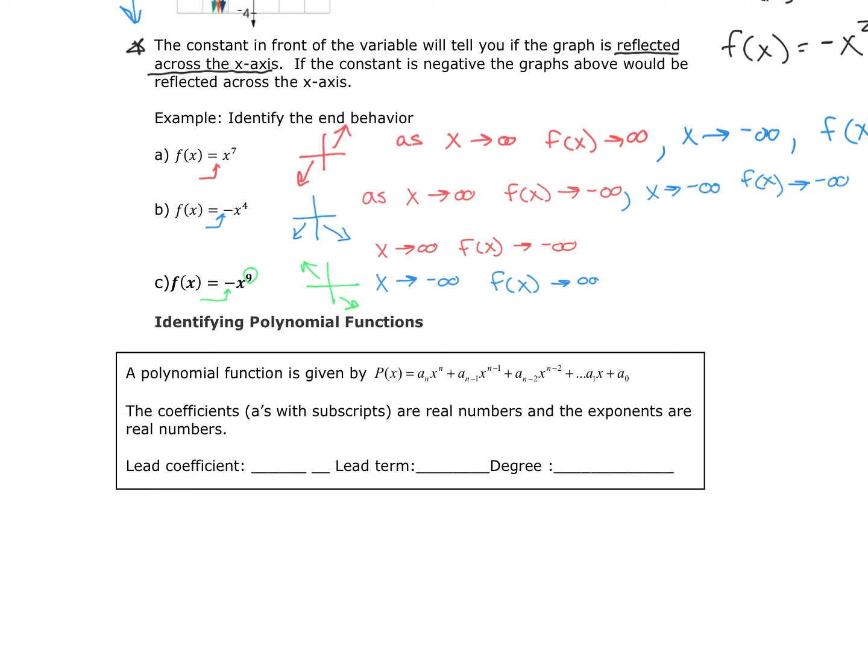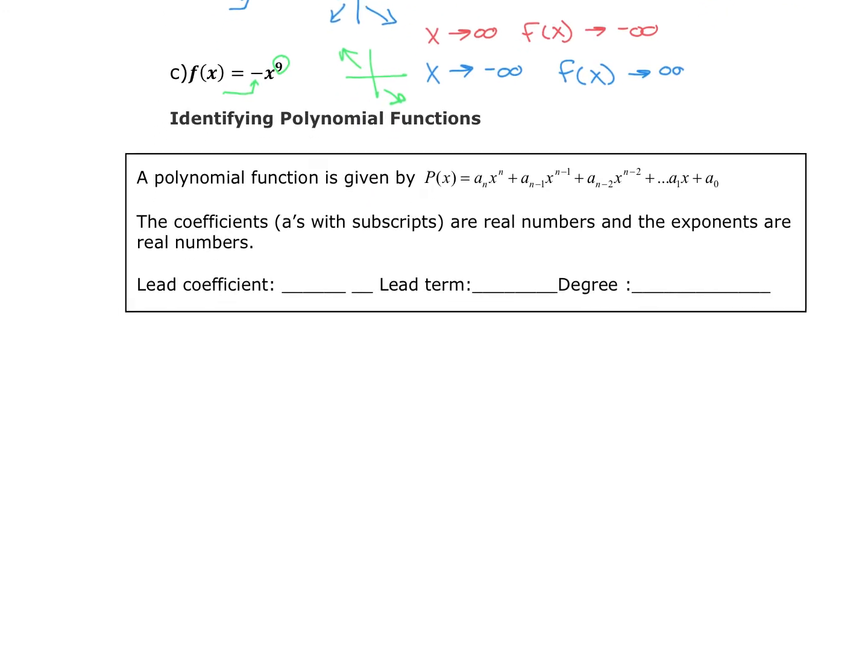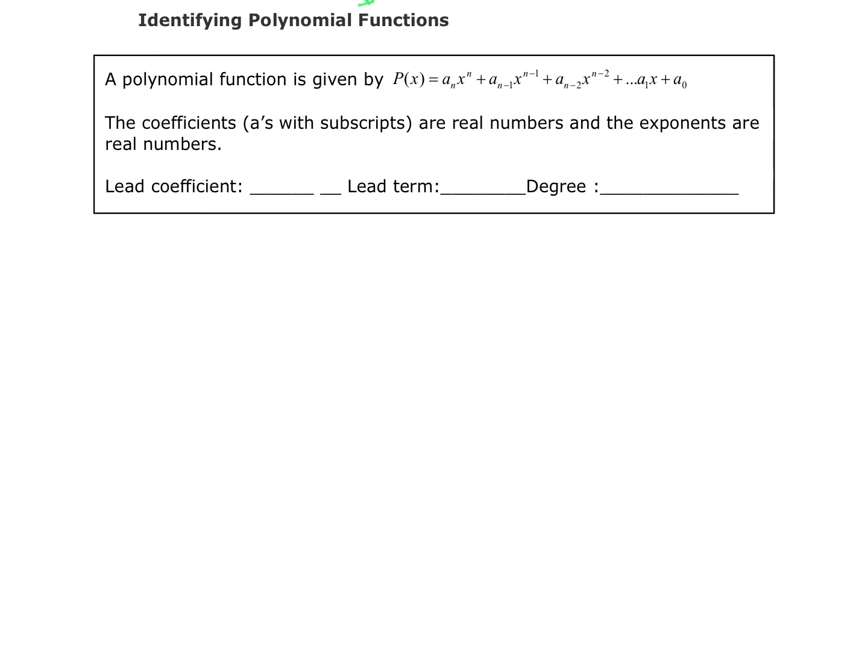Okay, so we now know about power functions and the end behavior. What is a polynomial function? Well, don't let this panic you. A polynomial function in general looks like this. You'll notice you have a sub n, x to the n, a sub n minus 1, x to the n minus 1.